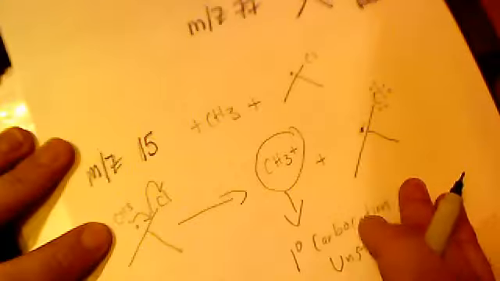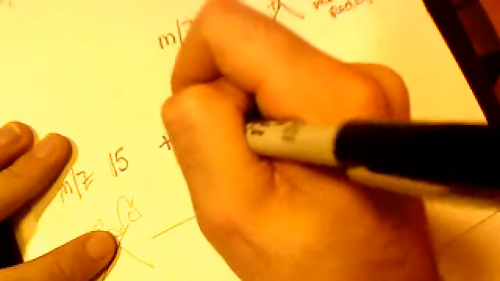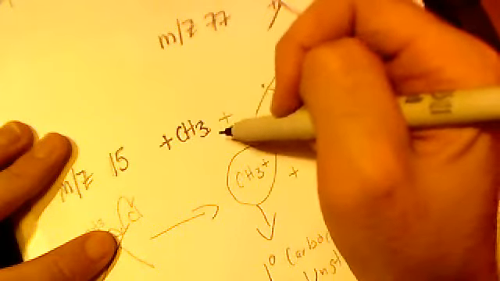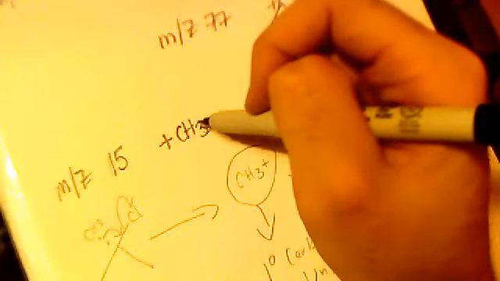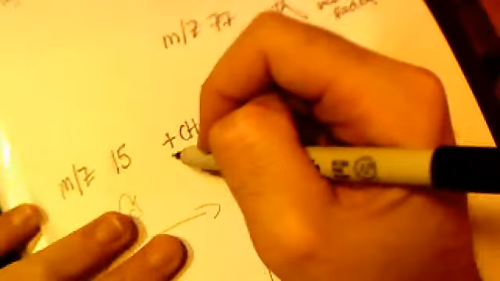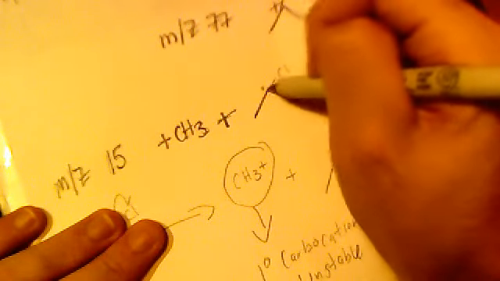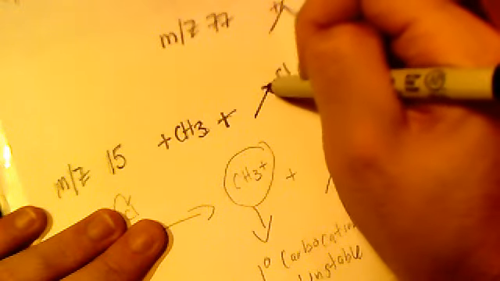So first there's MZ 15, right? So we said that would be a positive methyl group. So a positive methyl group would have broken off and left us with this neutral molecule right here.